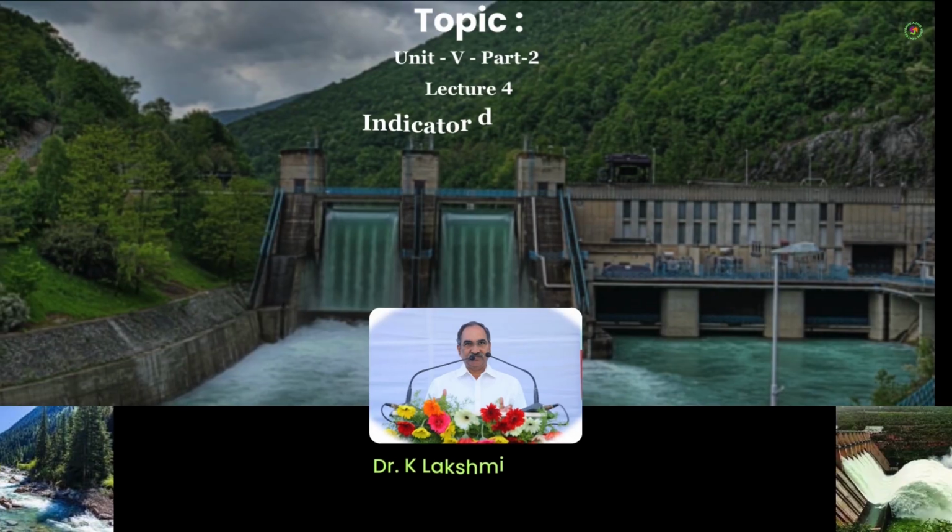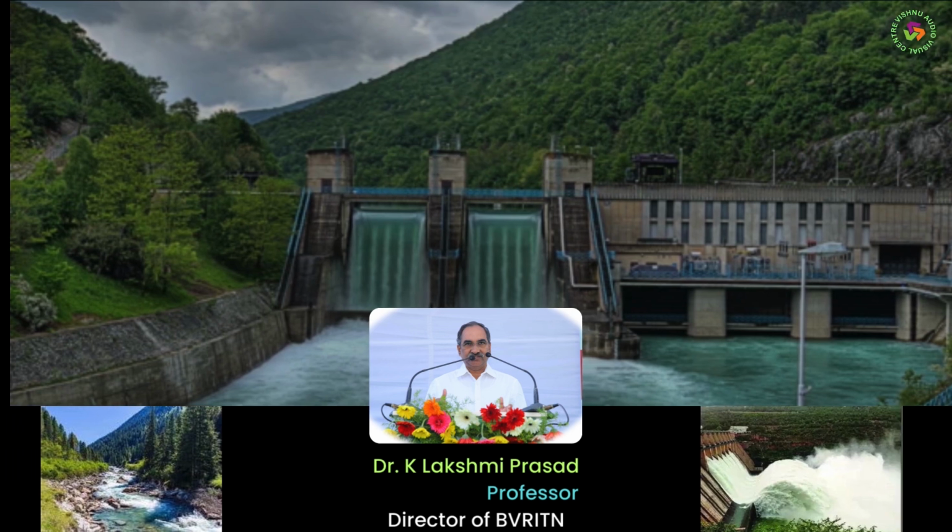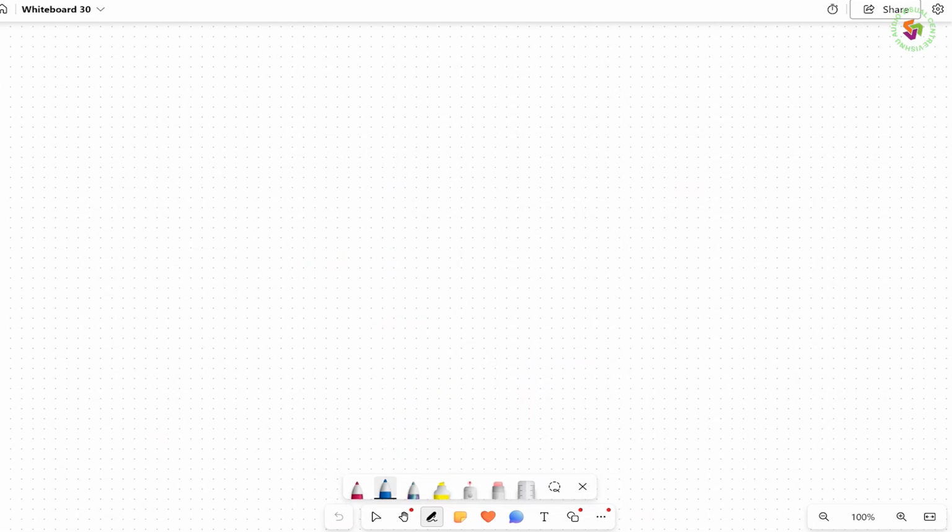If you draw it, that is what we call an indicator diagram. Based on whatever we have studied, let us represent all that in the indicator diagram. Let us straight away go into how to draw an indicator diagram.